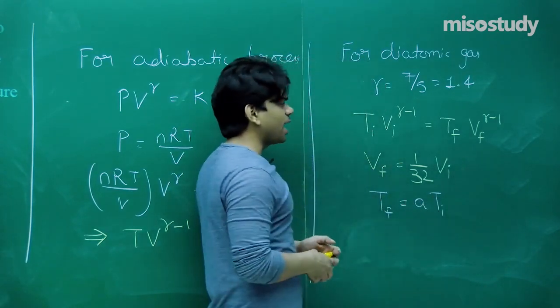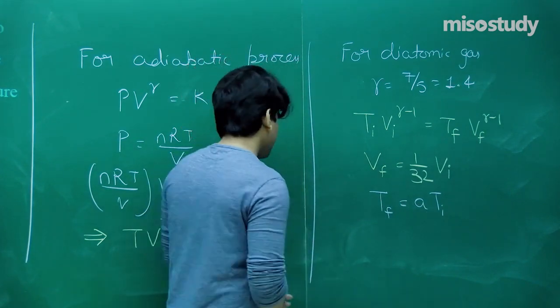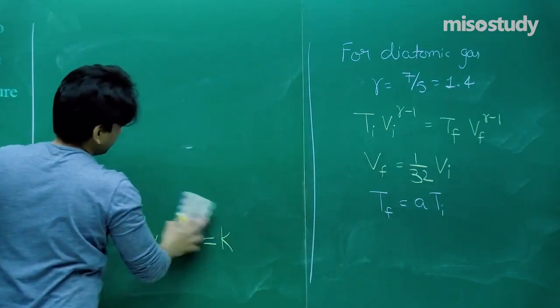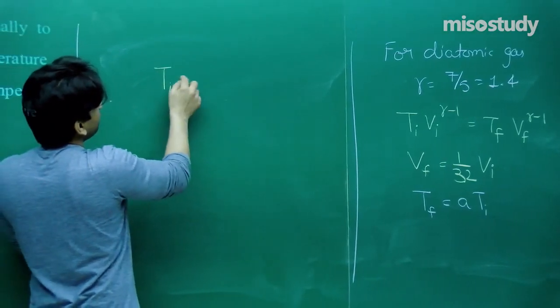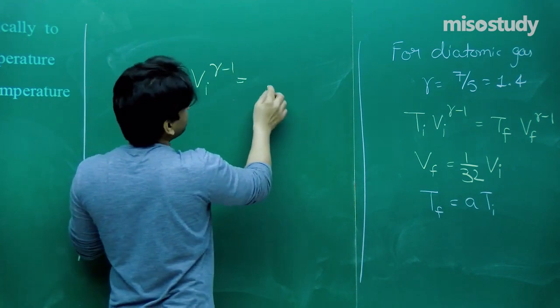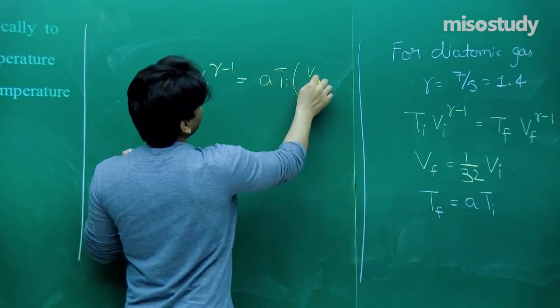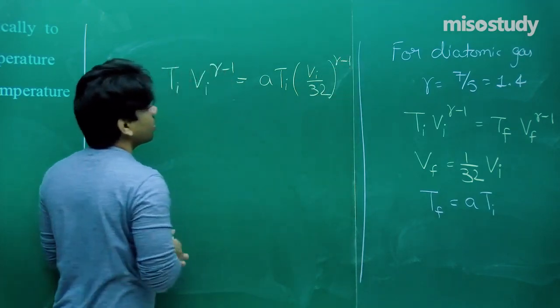Let me put all the values in terms of the initial values, where you can find the value of A. Using these two values, we can write that T initial, V initial to the power gamma minus 1 is equal to T final, that is A into Ti, multiplied with V final, that is Vi by 32, to the power gamma minus 1.